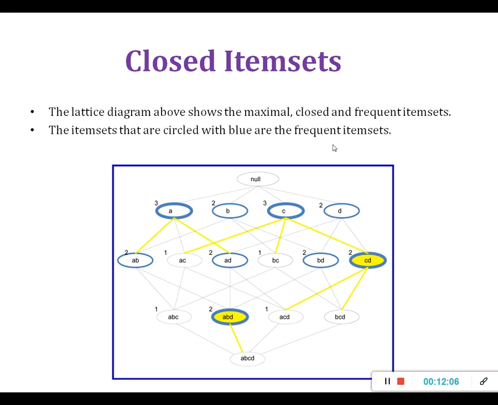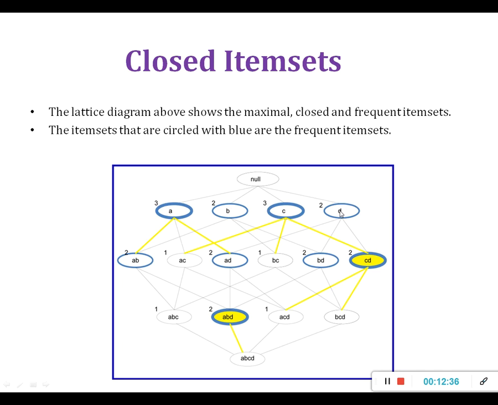You can see the circles are colored with different colors. The circles colored blue are frequent itemsets. First we will understand this diagram and then we'll move towards the color choices and what the different colors mean. The basic single items we have are A, B, C and D.